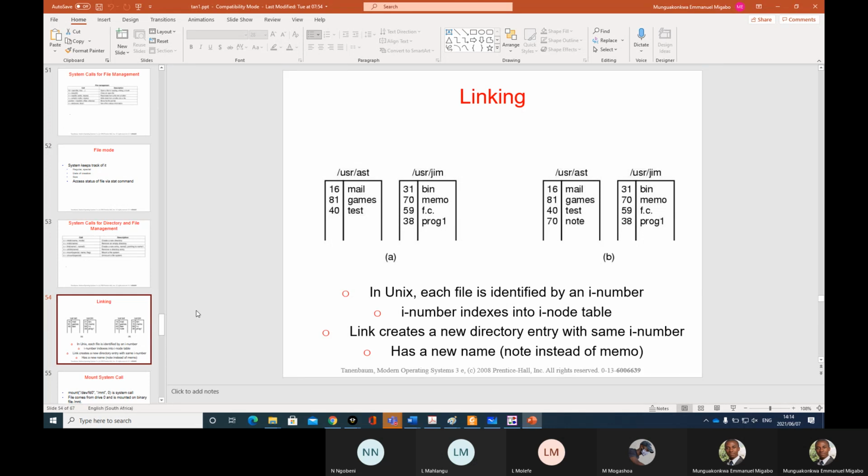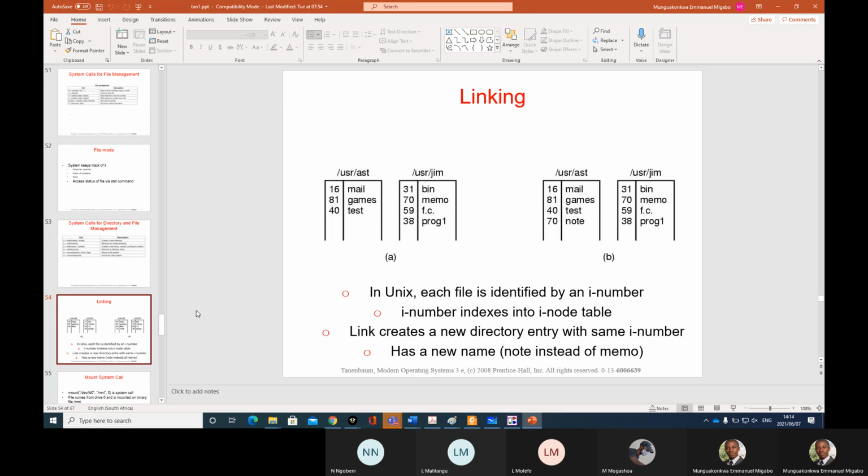The I number indexes into the inode table. So there will also be a table of inodes, and the I number will serve as a way to index or to point towards where that specific file resides within the inode table.